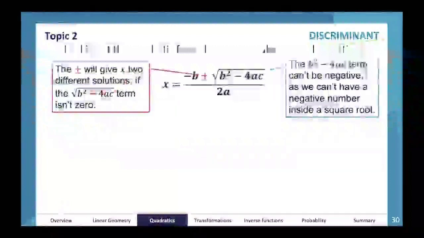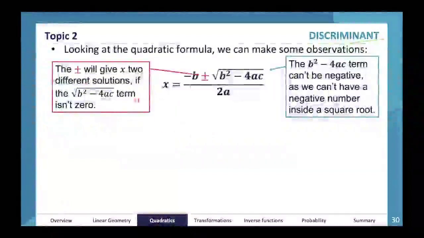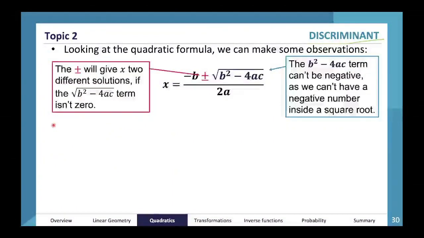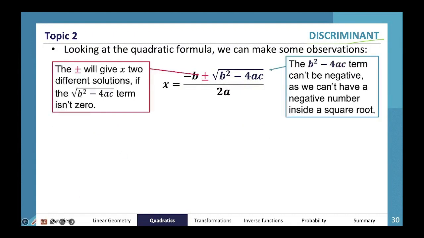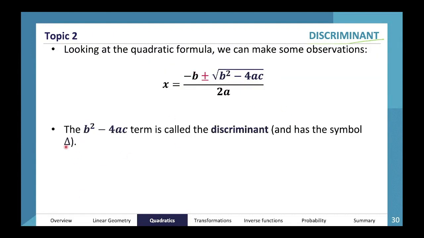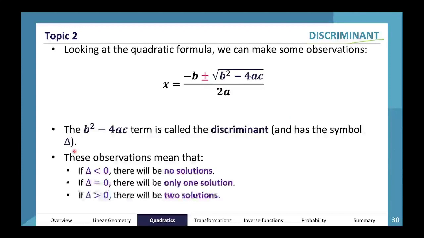Because of the plus or minus, we're given two options if the b squared minus 4ac term isn't 0. This is known as a discriminant, and it generally has a symbol of this triangle. When our discriminant is equal to 0, there will be only one solution because that plus or minus isn't there.